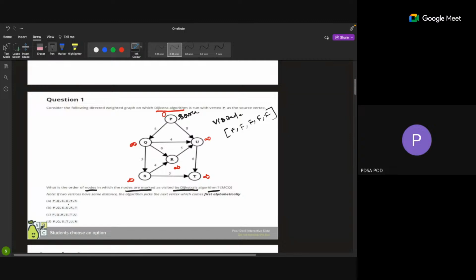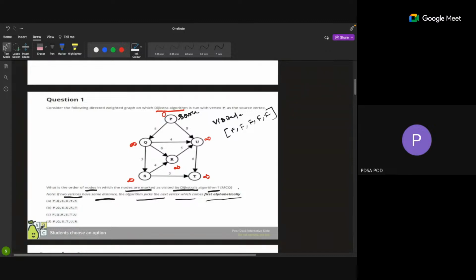But here there is a note given. Look here: if two vertices have the same distance, then the algorithm picks the next vertex that comes first alphabetically. For example, the distance from P to Q and P to U is the same.